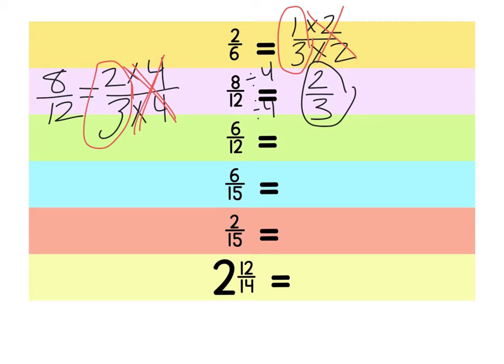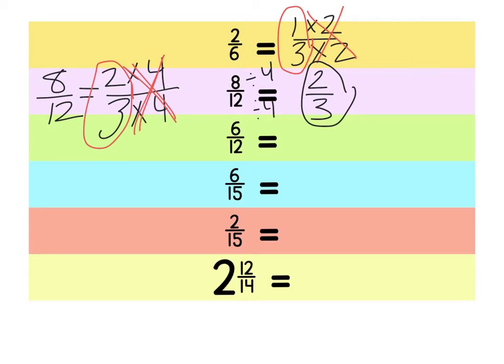Now maybe you think differently, and that's okay, and you thought of the number 3. So you did 6 divided by 3 and 12 divided by 3. 6 divided by 3 is 2. 12 divided by 3 is 4. Now is that the smallest it can be, or can 2/4 get smaller? Well, if you chose to divide the top and the bottom by 3, we just have to do it again.